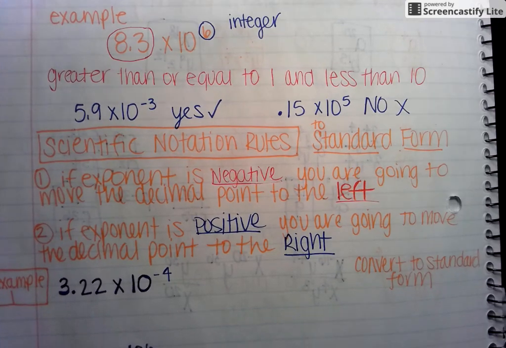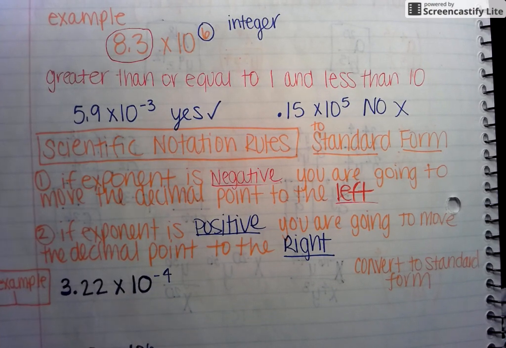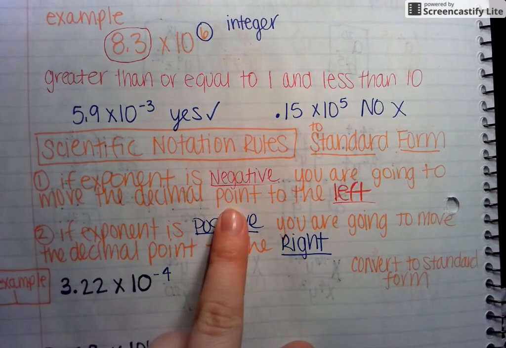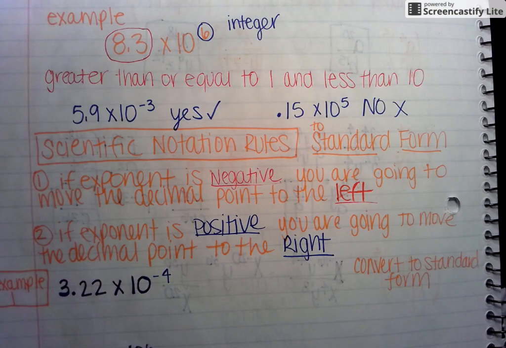So if we were converting from scientific notation to standard form, we're going from this scientific notation and we want to put it into the actual number that it is. If the exponent is negative, you're going to move the decimal point to the left. If the exponent is positive, you're going to move the decimal point to the right.